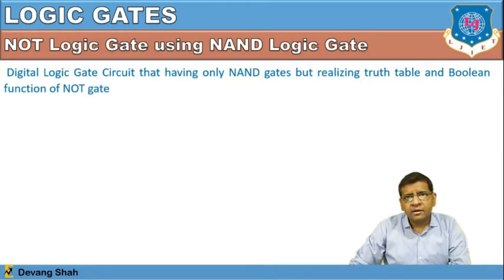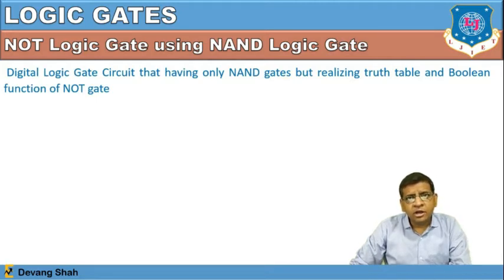And from that, the Boolean function of NAND, if I consider a simple general NAND gate with variables A and B, the output is Y equals (A dot B) whole bar. Now instead of B, if I take the same input A, my input becomes A and the output is (A dot A) bar.